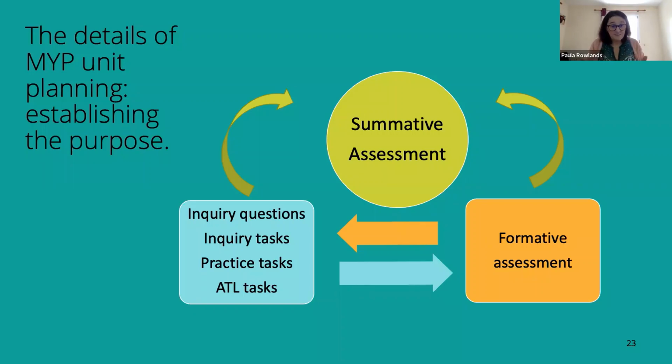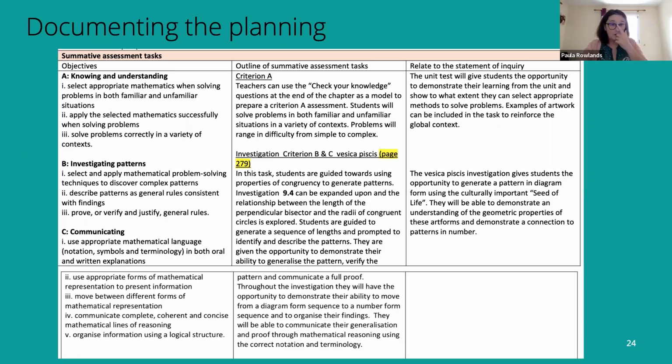And once I've decided all that, I then go back and I write my lesson experiences with all of that in mind and within the context of the global concept. So here I've detailed the summative assessment, and you can see in this unit plan, I've written here how the summative assessment relates to the summative assessment objectives.